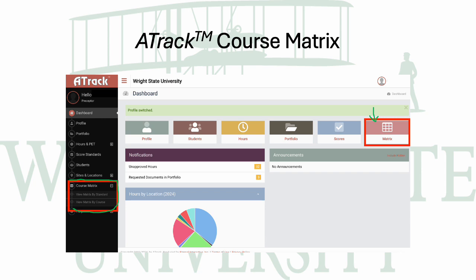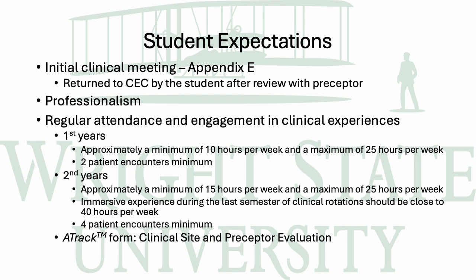So if we look at ATR 7950, it would bring up all of the competencies associated with that course, and so you can see what they're learning in that particular course, or they're being evaluated on. A lot of times our clinical education is built so that they learned something the previous semester, and then they're being checked off on it the next semester in their clinical work. So that's the course matrix when you're looking at what their expectations are.